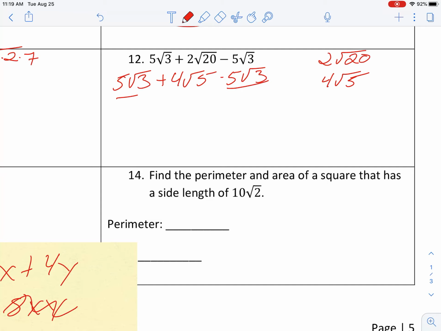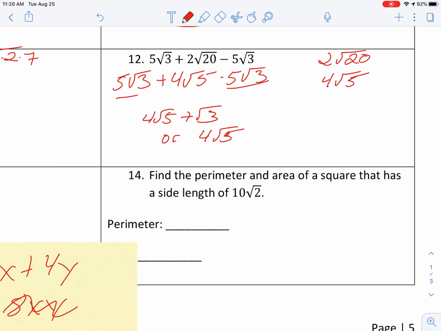Now, on this example, it's not meant to be a trick example, but I always have kids that kind of fall into this trap. Here's usually a couple answers that I see. Some students will say 4 root 5 plus root 3. Some students will say 4 root 5, just 4 root 5. Those are usually really the two big answers I see. One is right, one is wrong. So think about it, which one is right and which one is wrong.